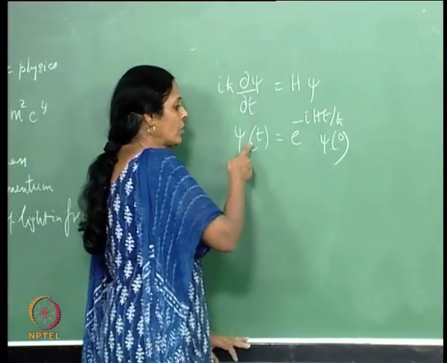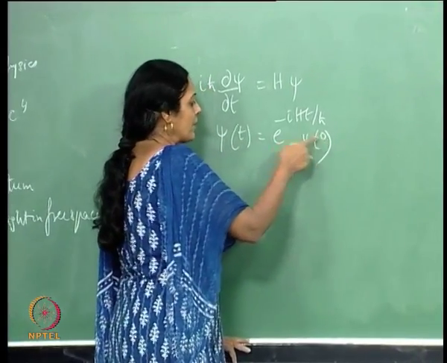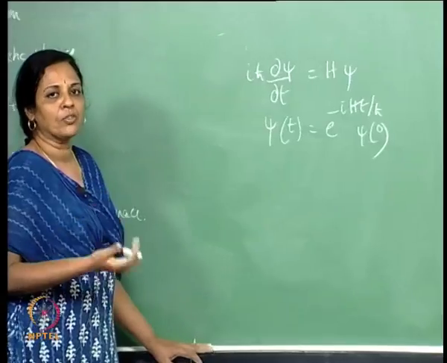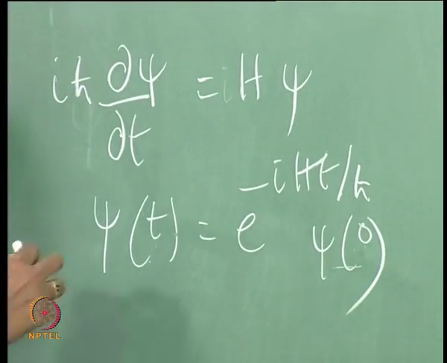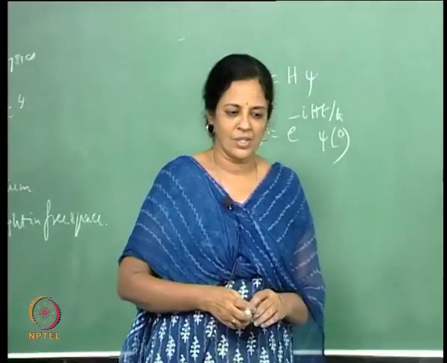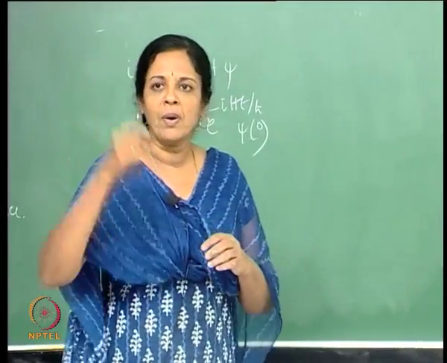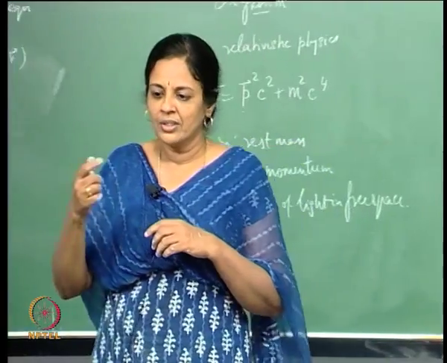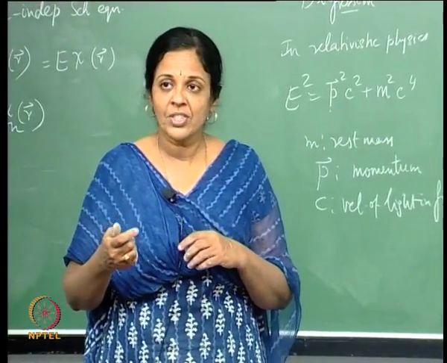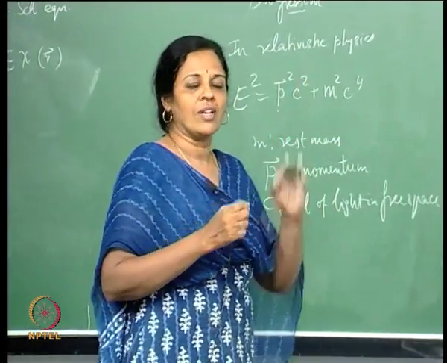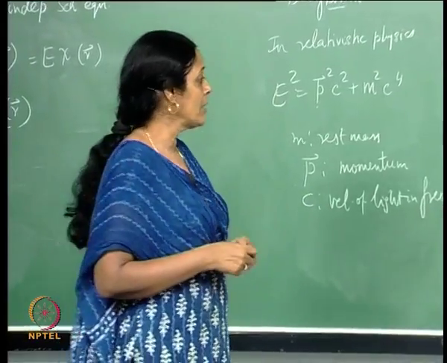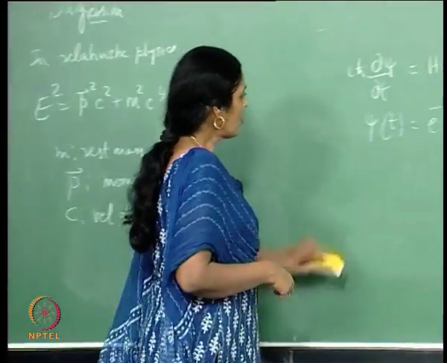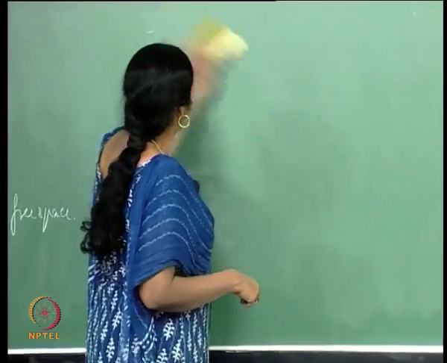I do not need to know the value of psi at any time between 0 and the time of interest to me. So in that sense, this is a Markov process. There is no memory of the path that is taken, the manner in which psi changed with time, but merely the initial value, the value of psi at time t equals 0. That is a point worth bearing in mind.